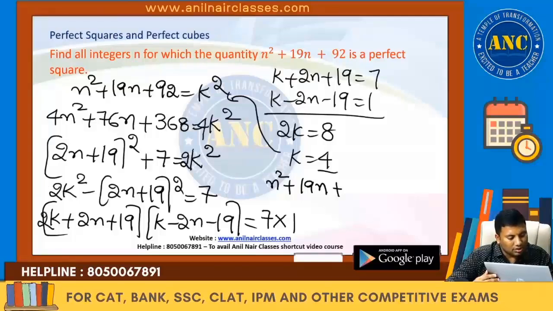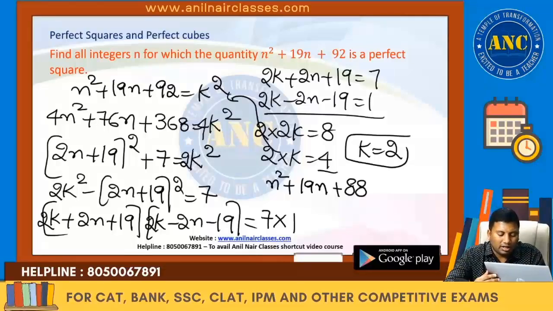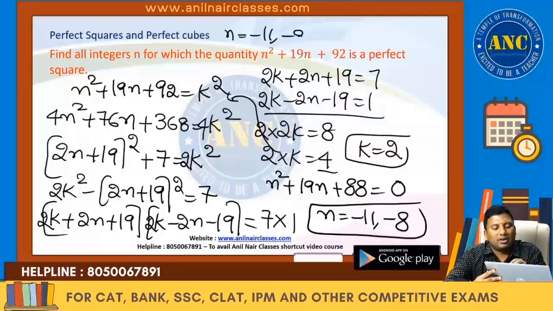Are you all with me? It is 2 into 2k, it is 2 into k. So k value is 2. If k value is 2, n square plus 19n plus 88 equivalent to 0. So I got minus 11 and minus 8. N value is minus 11 and minus 8. So I got two values.